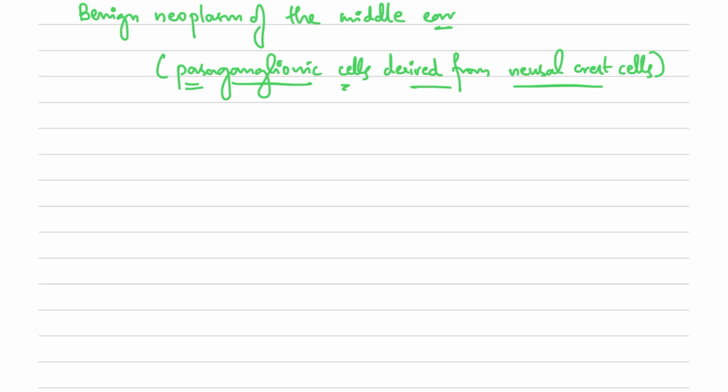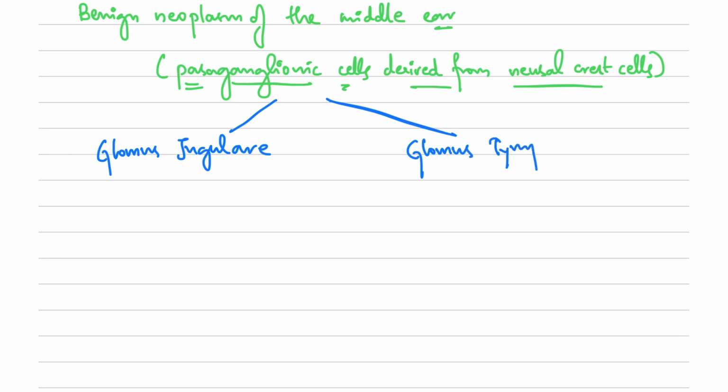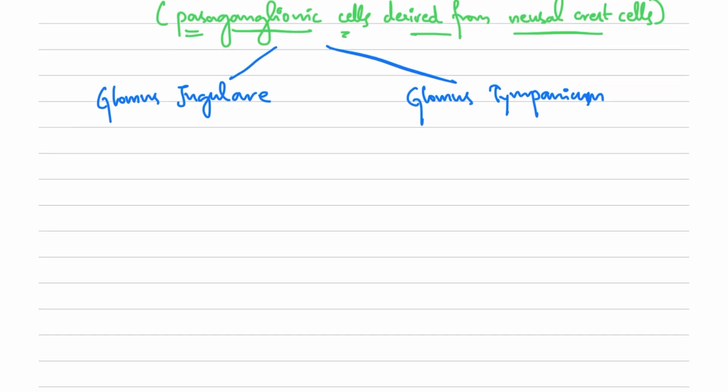Okay, so what are the different types we have? We have glomus jugulare and glomus tympanicum. These are the two types of glomus tumor.